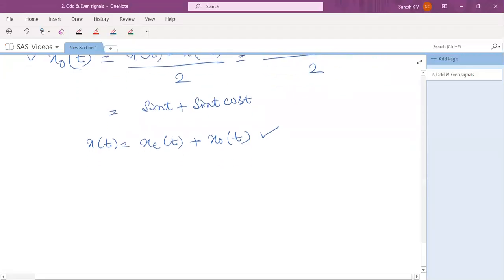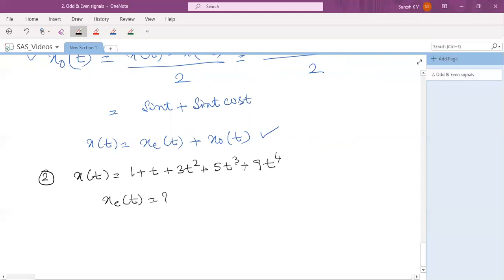Okay. So similarly, we can also solve one more problem. You can just take it as homework. Say x of t is 1 plus t plus 3t square plus 5t cube plus 9t to the power of 4. So what is its even portion? What is the odd portion?